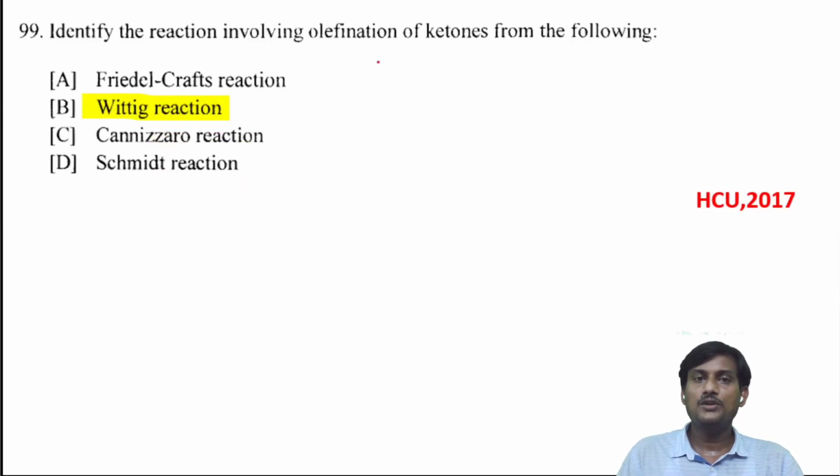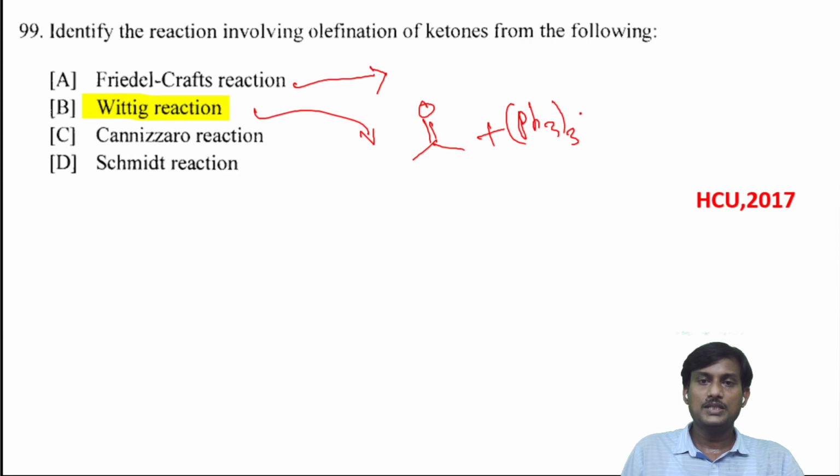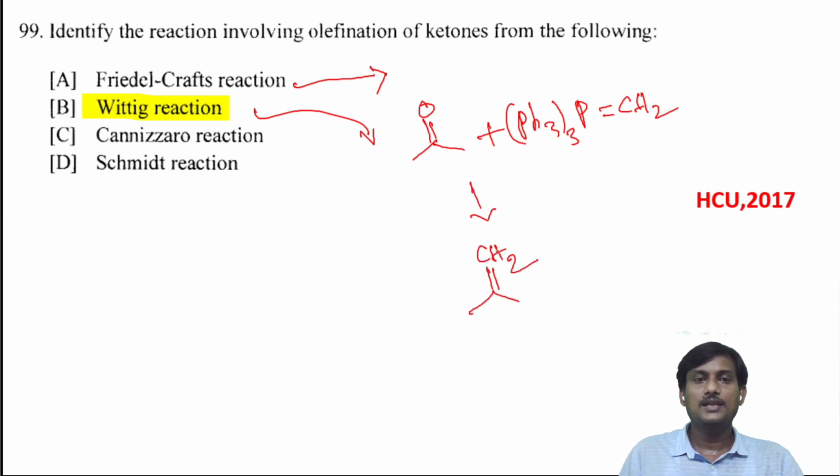Identify the reaction involving olefination of ketones from the following. Friedel-Crafts, it's an acylation reaction or alkylation reaction. Wittig reaction, when you treat carbonyl compounds with phosphorus ylides, there is a formation of alkenes.